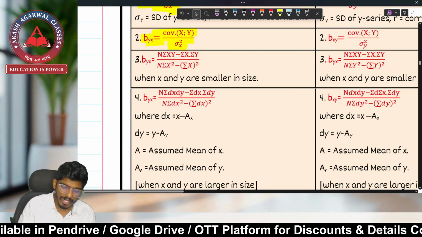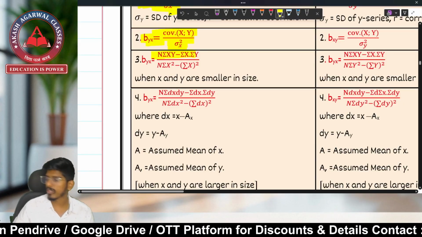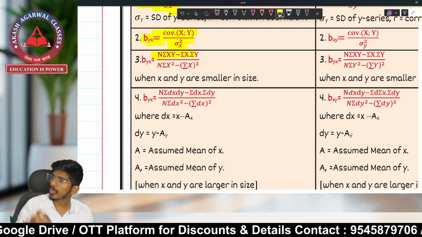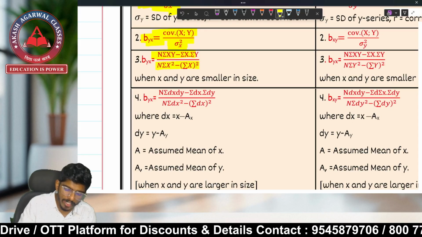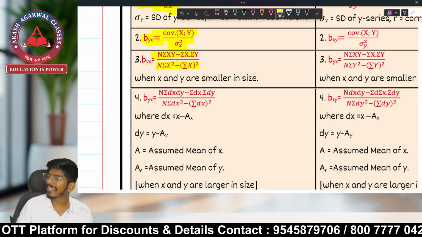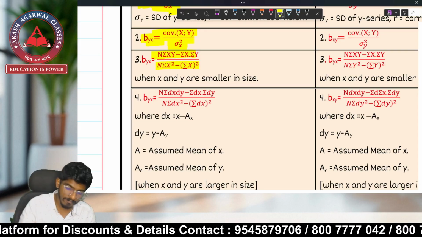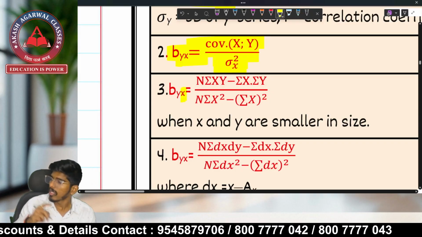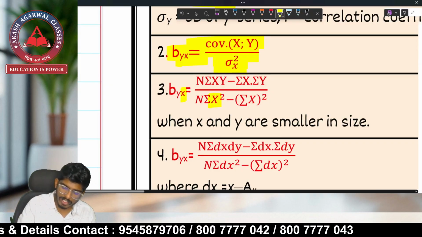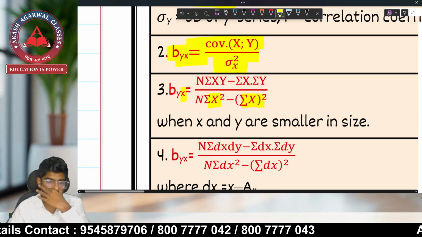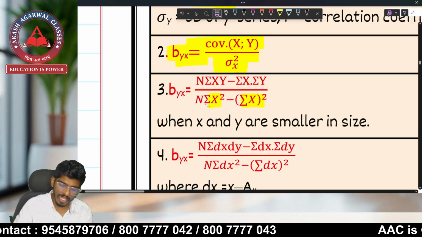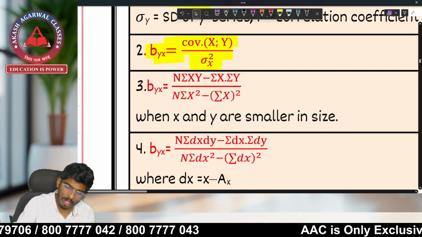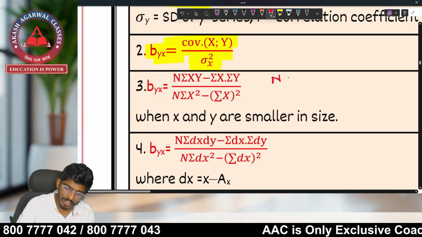But apart from that, there is also a formula: n into summation of xy minus summation of x into summation of y, upon n into summation of x square minus summation of x the whole square. Again, x is in the later place, so that's the reason it is always going to come in the denominator. Now, for summation of bxy, I'll write it over here. Everything in the numerator is going to be the same.